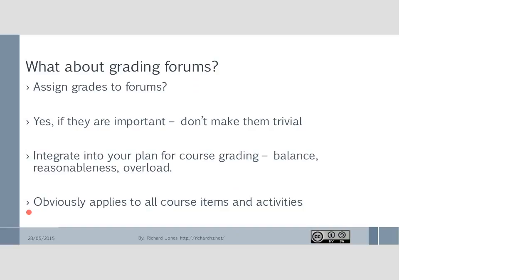So it's just something else that you need to plan. If you're in the position of designing and facilitating the course, you want to bring some balance into your course, and this is something that applies to all items and activities.